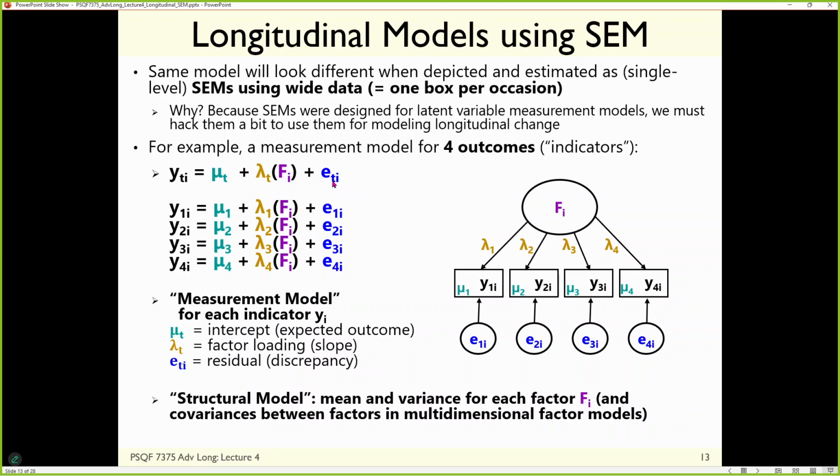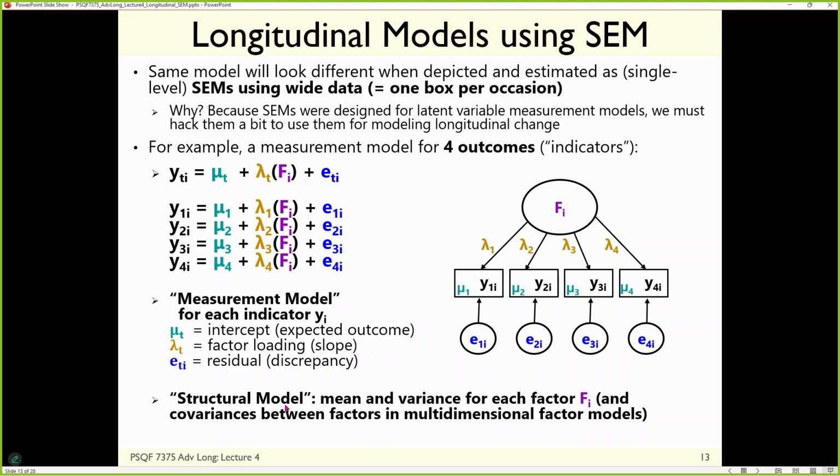E is how wrong the model is for that particular observation, error. So in terms of what would normally be estimated for each item in this context, we would have an intercept. We would have at least one slope relating it to a factor. You can have it relate to more than one factor if you wish. And then the variance of these E error residuals across people for that item.